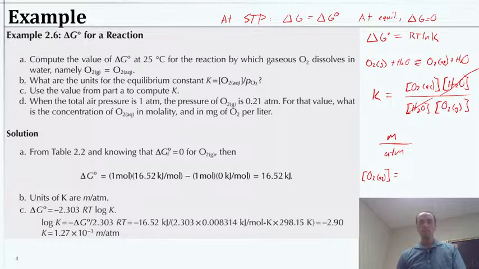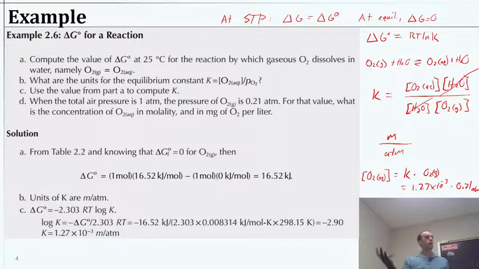Of course, you could try to do it backwards like I just tried, and that's going to be the wrong answer. So it'd be K times essentially that gas concentration, so I probably shouldn't put it in brackets. So K was 1.27 times 10 to the minus third and 0.21 atmospheres for oxygen.